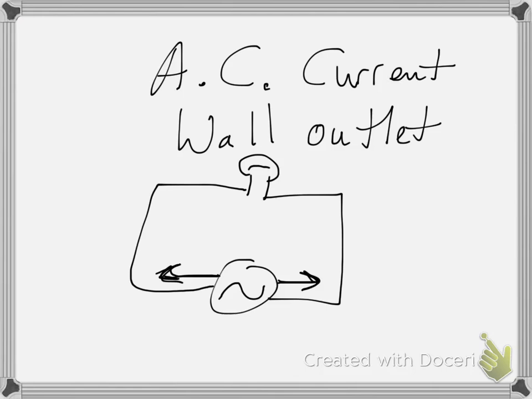This is what we call AC. Most of our circuits in this chapter will specifically focus on direct current, but I wanted to make that distinction so that you understood what your textbook and other sources might be talking about when they use the terms DC and AC current.